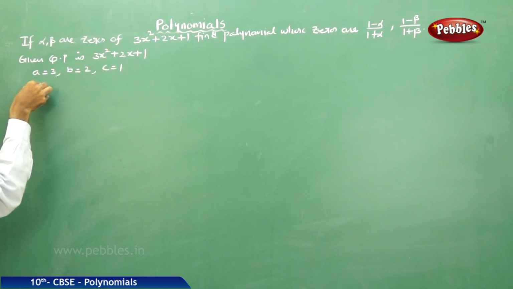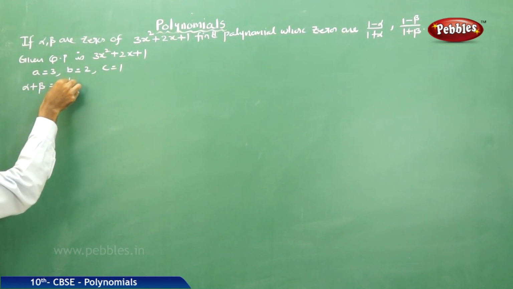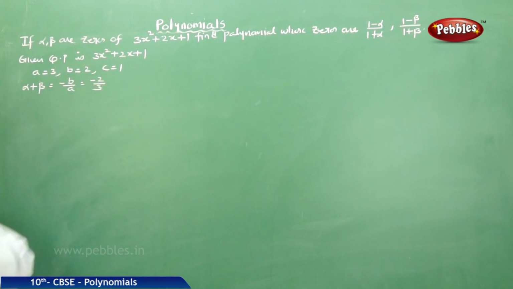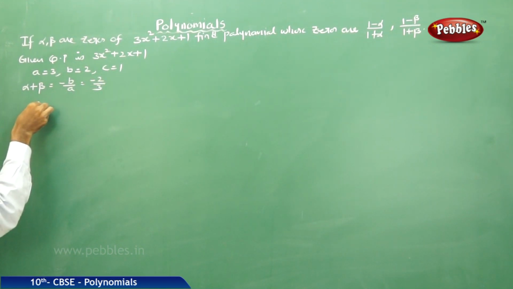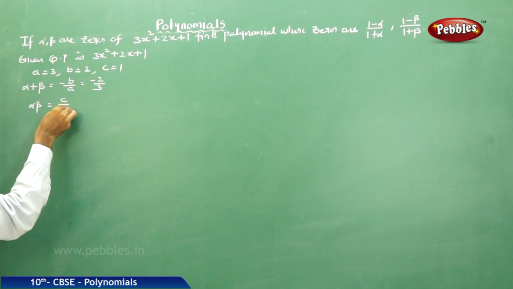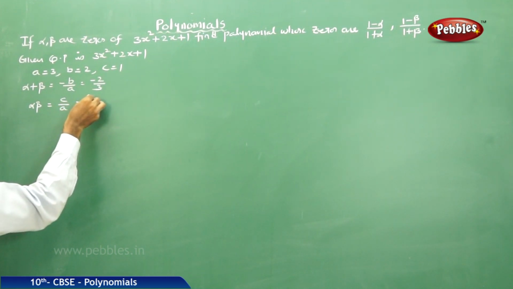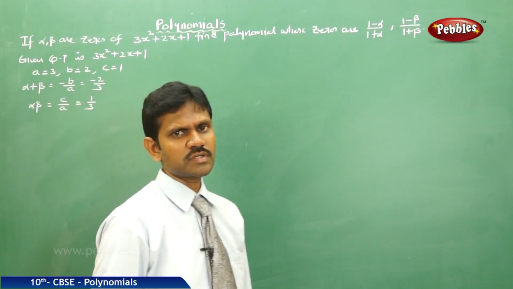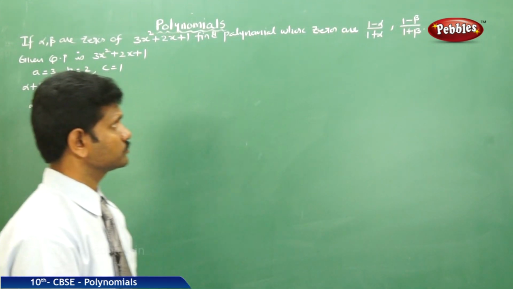Identify the coefficients: a is 3, b is 2, c is 1. Now alpha plus beta is equal to minus b by a, that is equal to minus 2 by 3. Now alpha beta is equal to c by a, that is equal to 1 by 3. Now I am ready with the sum of the zeros and the product of the zeros.